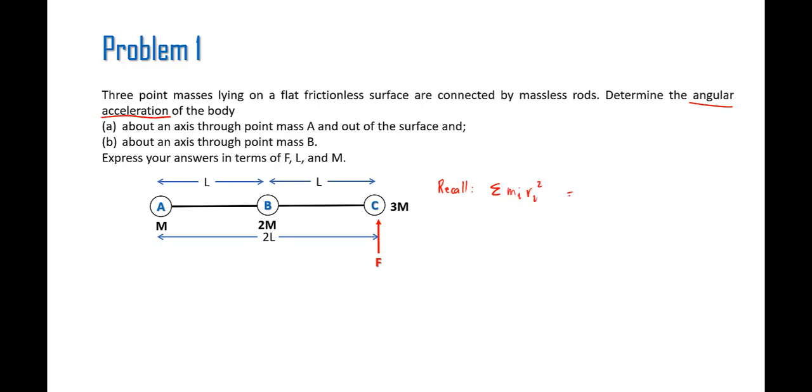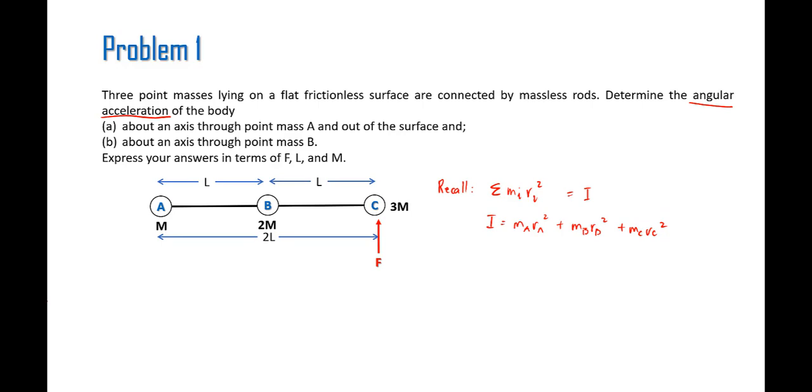We just have to sum up the individual moments of inertia for the 3-point masses. For example, we have I equal to m_a r_a squared plus m_b r_b squared plus m_c r_c squared.